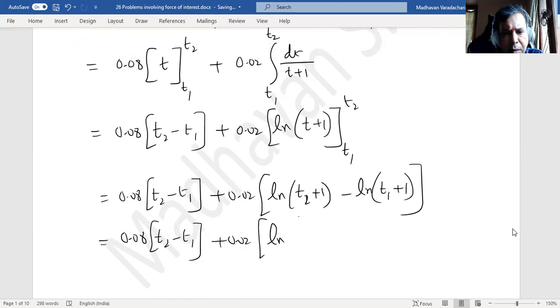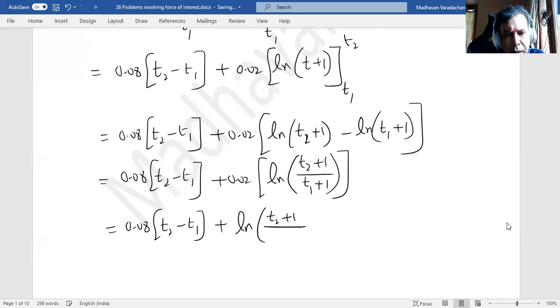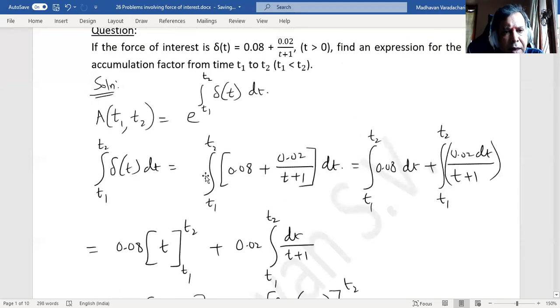So we get the natural logarithm of t2 plus 1 by t1 plus 1. Now we can take the 0.02 to the power, and rewrite this as 0.08 times t2 minus t1 plus the natural logarithm of t2 plus 1 by t1 plus 1, to the power of 0.02. This is our definite integral.